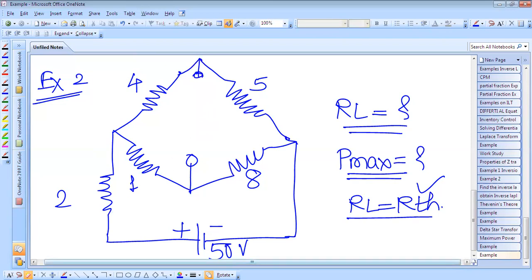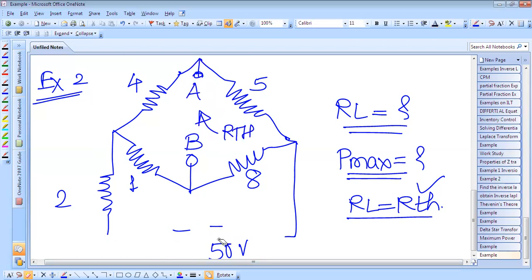Now I have opened this voltage source. Now we have to view these A and B terminals. We have to view these A and B terminals, and if you view and find, we will get this RTH. But again, we have to short this voltage source.